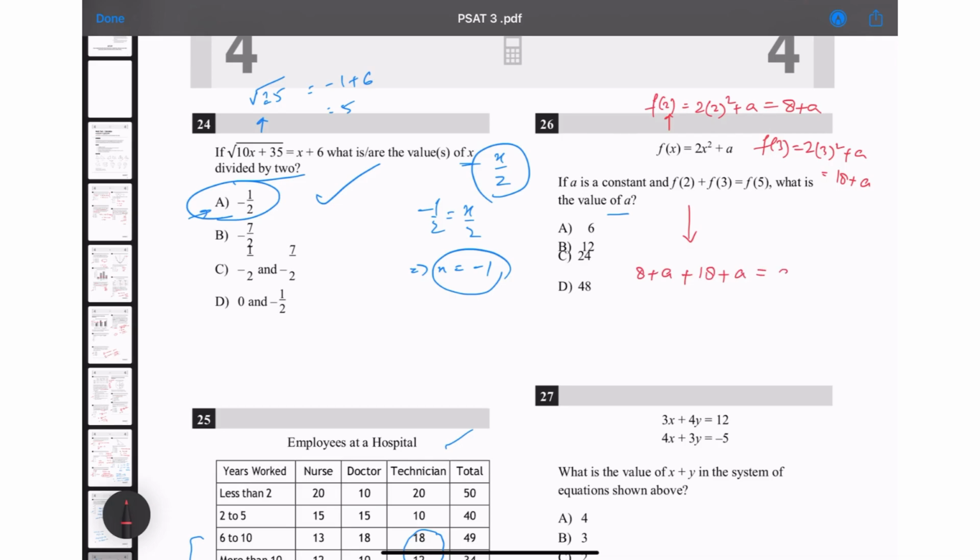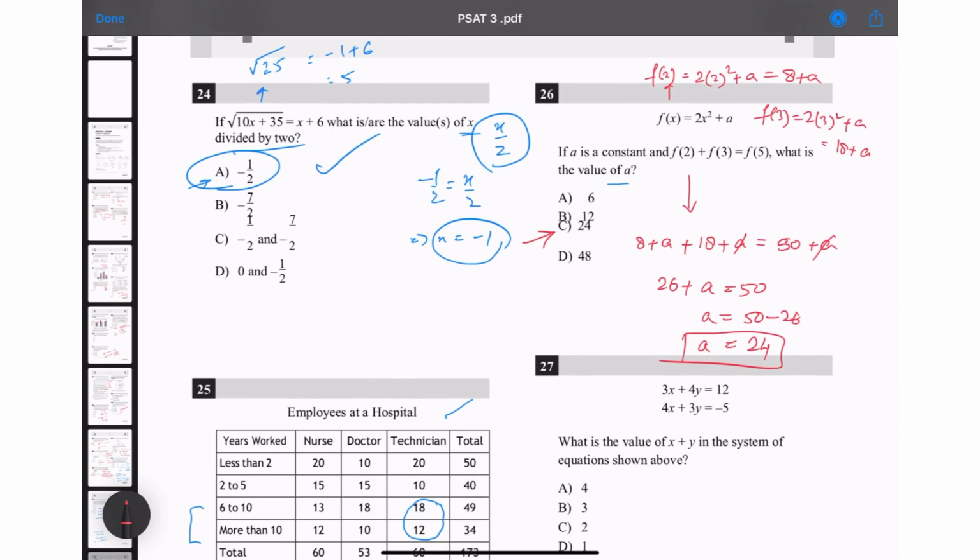So that will be 2 times 25, that is 50 plus a. Now I can simply cancel a from both sides. So this is 26 plus a is equal to 50. Subtracting 26, 50 minus 26 is 24. So a is 24, which is the correct answer, option C.